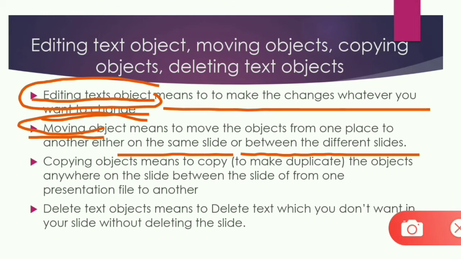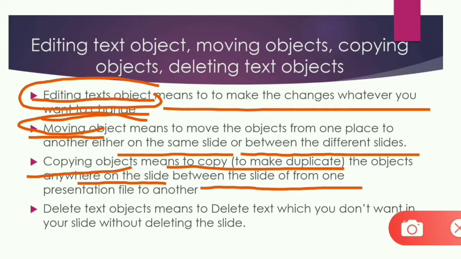Copying object means to make a copy or a duplicate of the object, of the text, of the picture, of whatever you want to duplicate, on the slide, between the slides, from one position to another position, within the slide or from one presentation to another presentation.